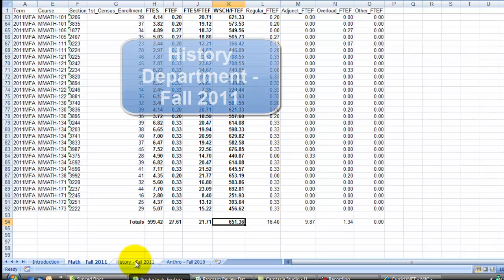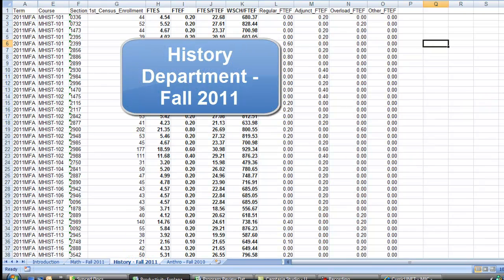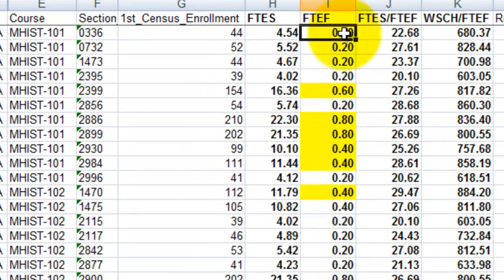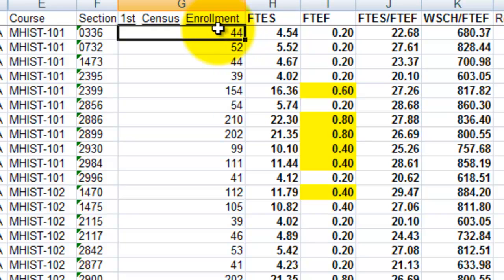Let's look at another department. In the history department, I've highlighted a couple of things that are a little different. So here's your standard History 101 20% class with 44 students enrolled. This was probably in Founders Hall somewhere. And so that one comes up with an FTES per FTEF of 22.68 and nice values of 680 on the WSCH.